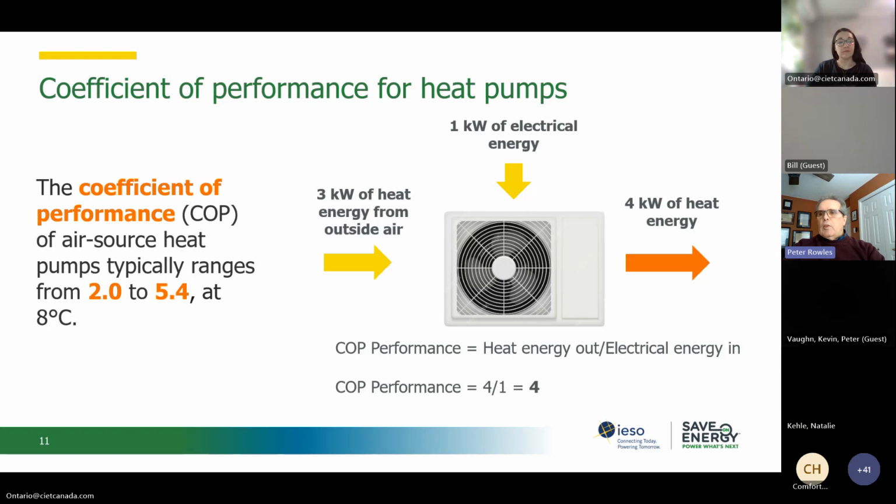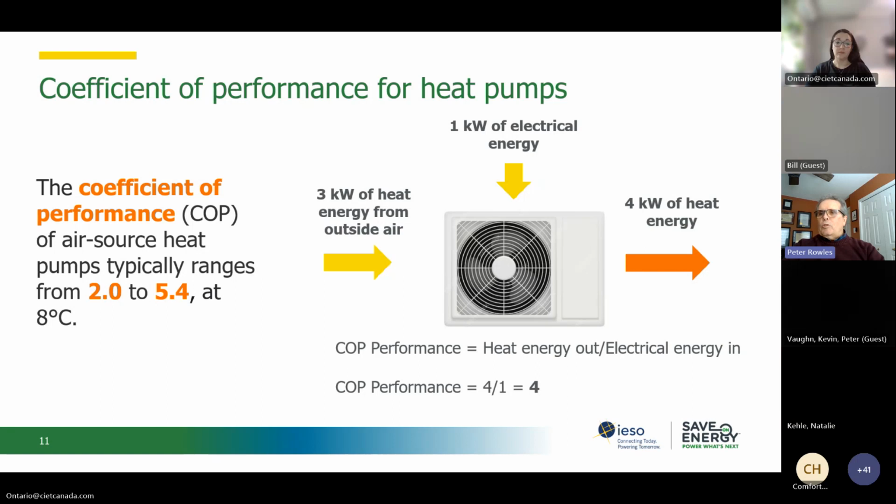5.4. In the example that's presented here, a simple calculation, we've got 3 kilowatts of heat energy being absorbed through the outside coil, and then it's supplemented by 1 kilowatt of electric energy, which goes to drive the compressor, which elevates the pressure and the temperature of the refrigerant that's absorbed the heat. And then the overall result is that 4 kilowatts of heat energy are released inside the home.